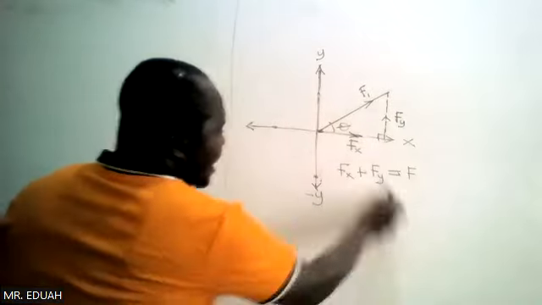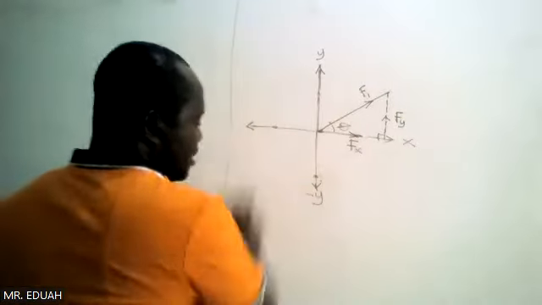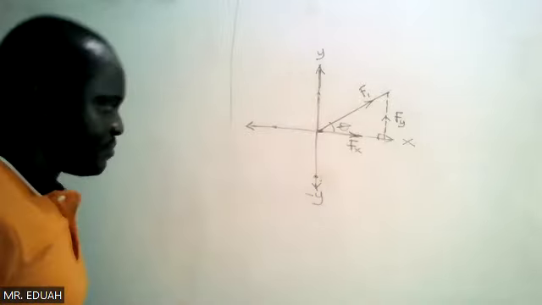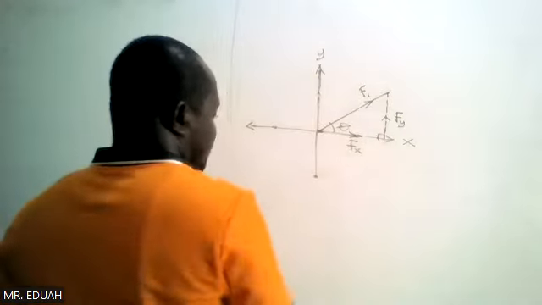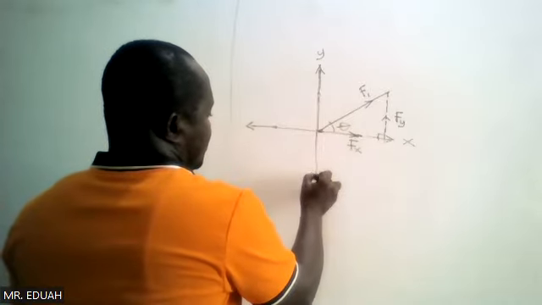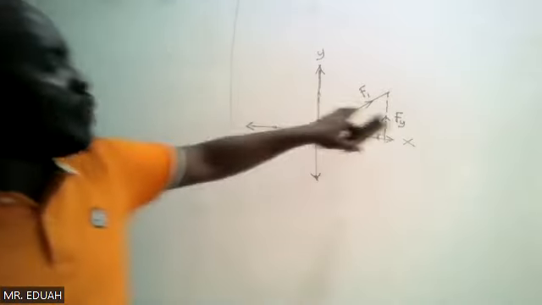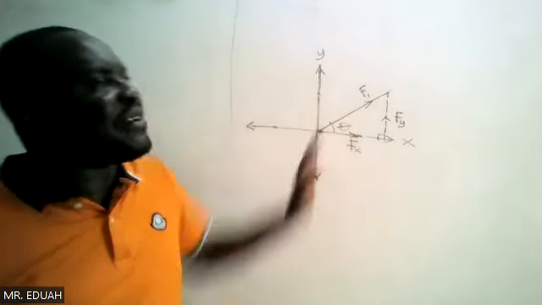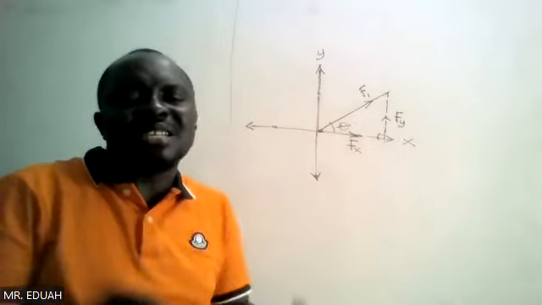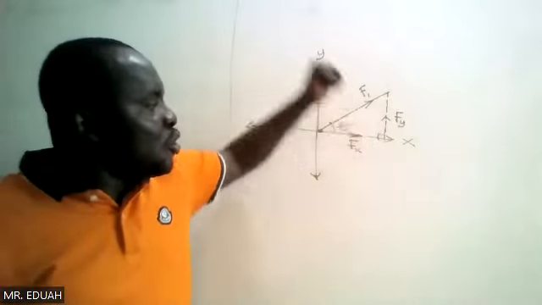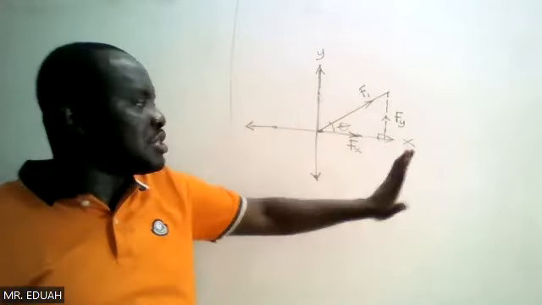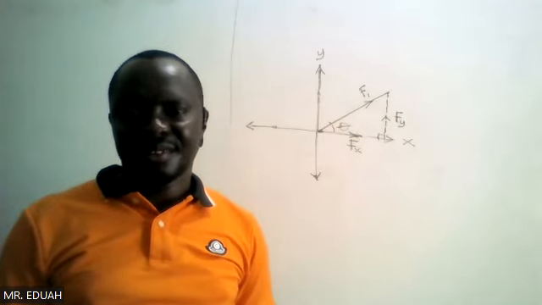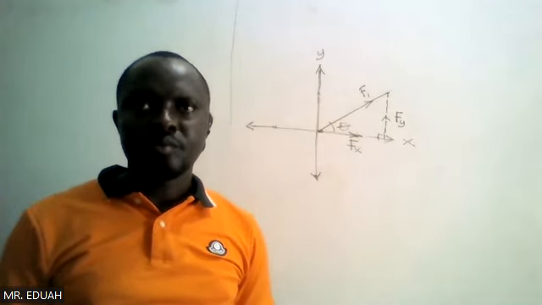Good. Mr. Edua, hello, please, but I think you said the triangle law of vector addition is used for scaled drawing, right? So we cannot use that to find F because this is not a scaled drawing. You can use it to determine direction.